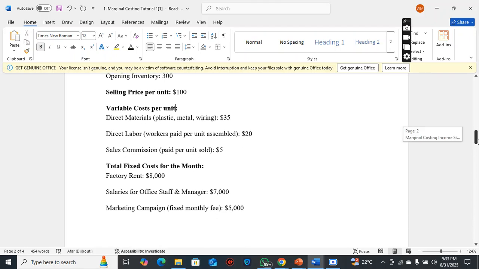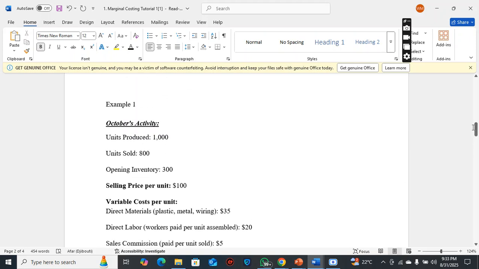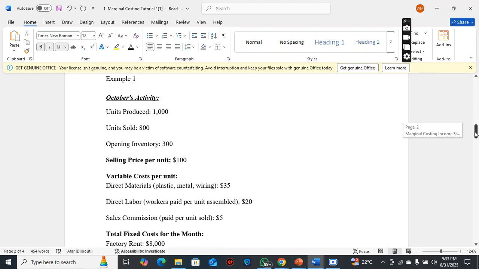And then we've got the fixed costs for the month. So we need to calculate the profit for this company using marginal costing.